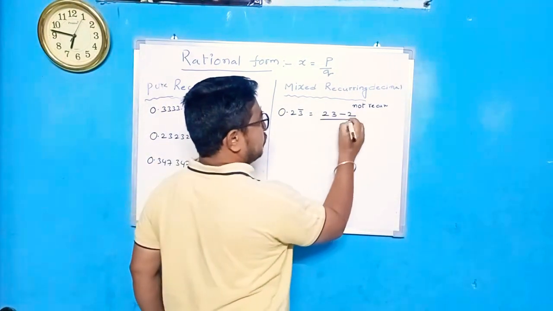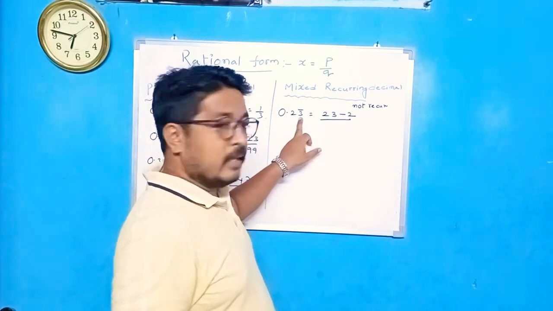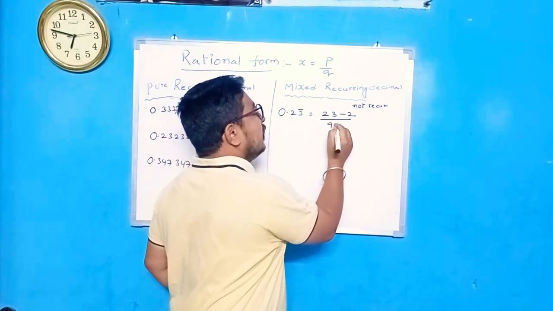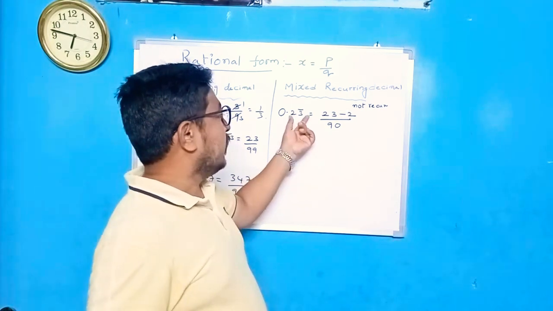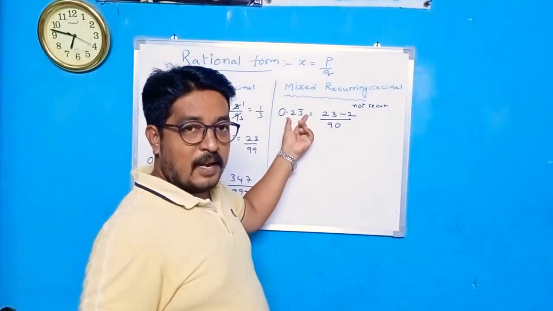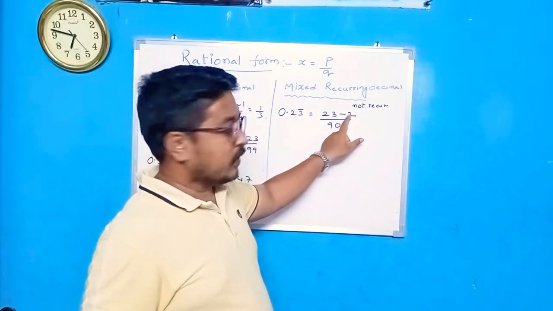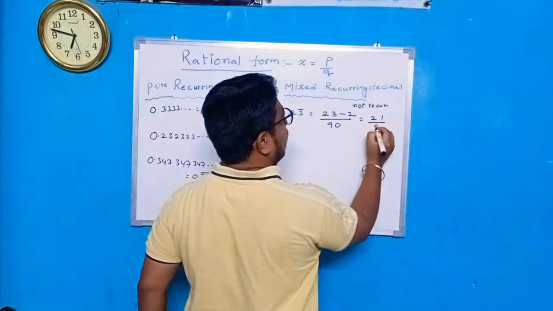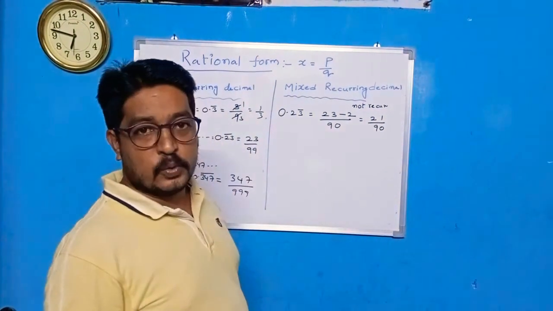What is our technique here? For recurring it is 9, for non-recurring it is 0. Total number is 23, and the not recurring part you subtract. So 21 by 90 is the p by q form for 0.23 bar.